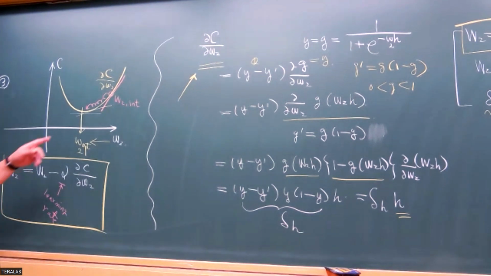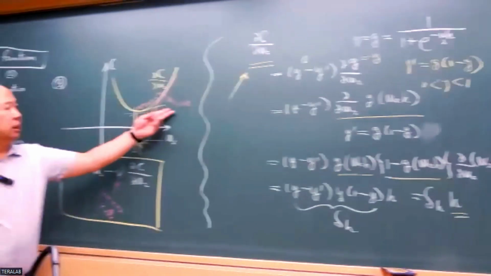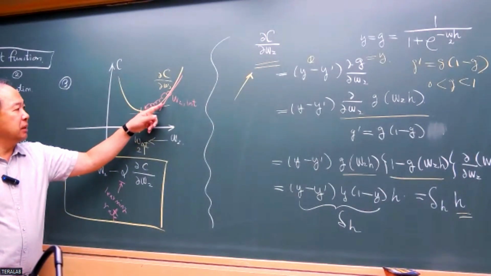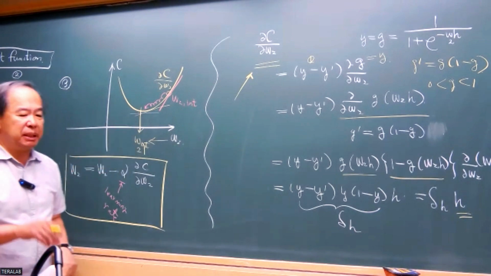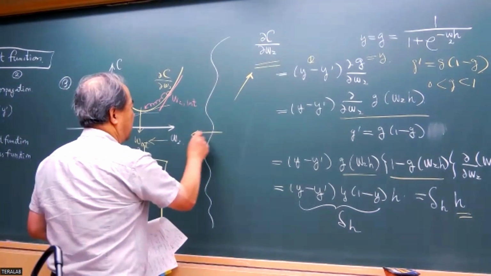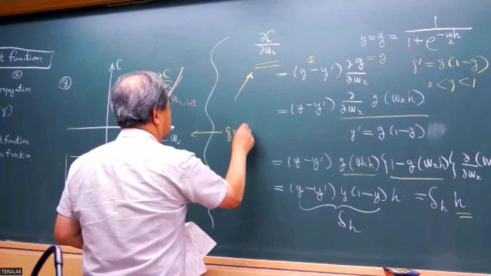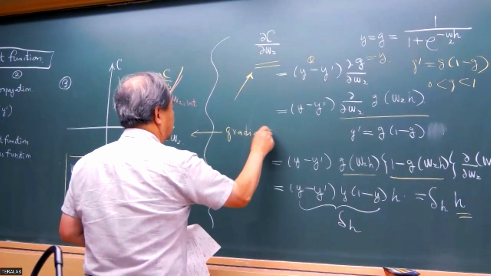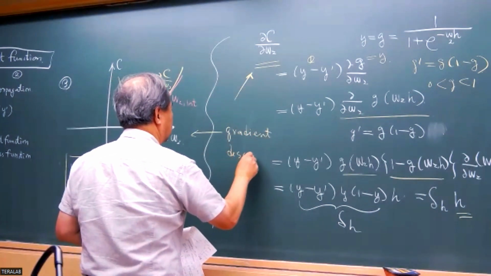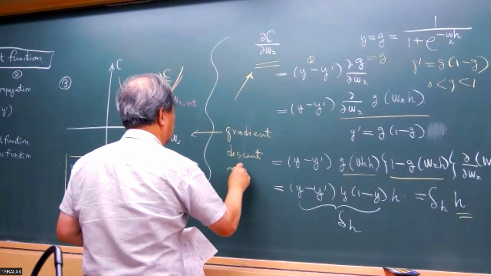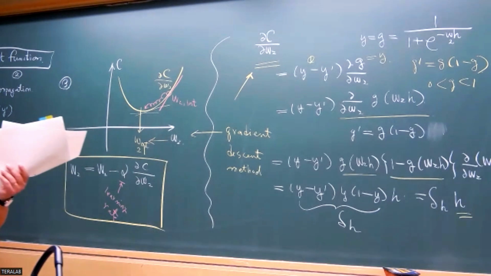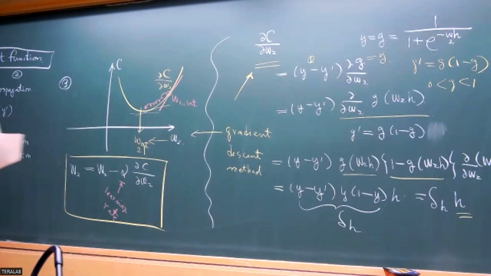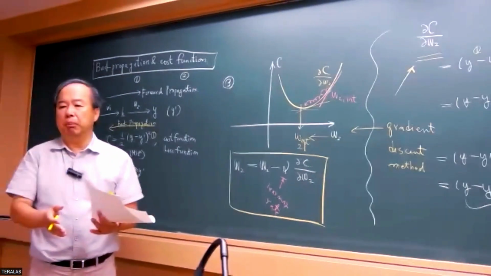So by using the gradient, we gradually approach the optimal point. This kind of mathematical approach is called the gradient descent method. If you have slopes at a certain point, you want to go to the optimal point.